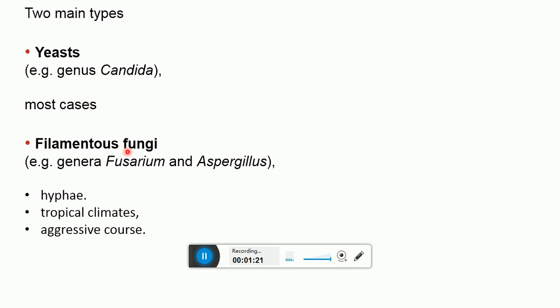While among the filamentous fungi, the most common are Fusarium and Aspergillus. They produce tubular projections called hyphae, and they are the most common pathogens in tropical climates. They are not uncommon in cooler regions. The keratitis frequently follows an aggressive course.